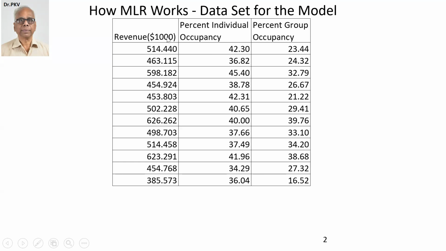Revenue is measured in $1,000, and the other two columns, namely the two predictor variables, are expressed in percentage. There are 12 data points. You can see them. Now, we will understand the basic concepts with the example output from Microsoft Excel.